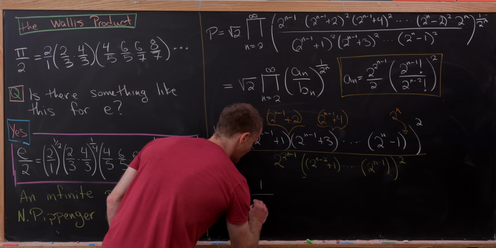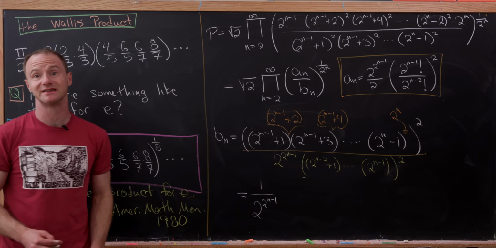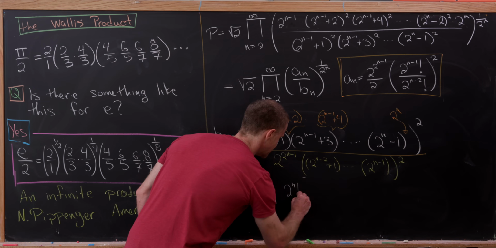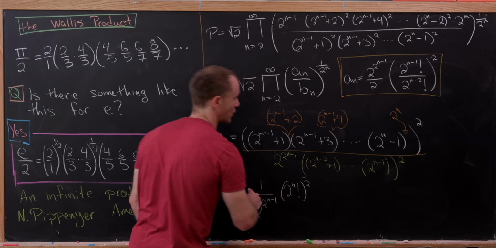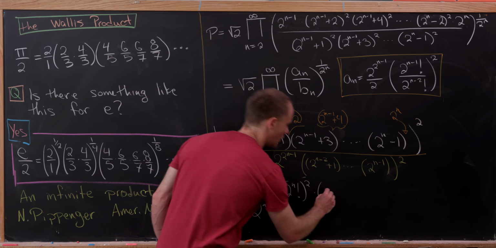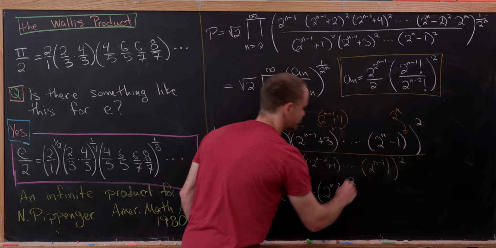So we'll have 1 over 2 to the 2 to the n minus 1. So that'll be from this denominator term right here. And then after that, we'll have our 2 to the n factorial squared. That'll be from the completion of that descending product. And then we'll also have a 2 to the n minus 2 factorial squared.